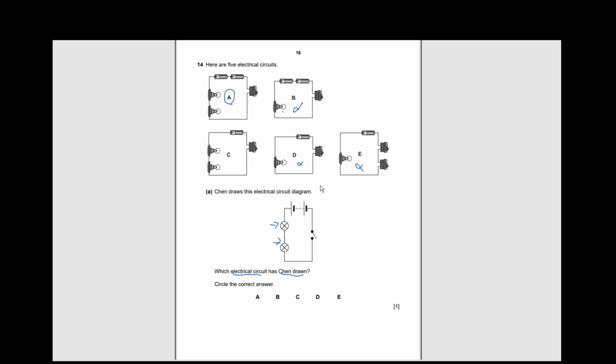Look here: you have two cells, and this one is showing only one cell. Sorry, from looking at this, there are two cells. This is one cell, this is the second cell. I forgot to say, the answer is A. Moving on to the next question.